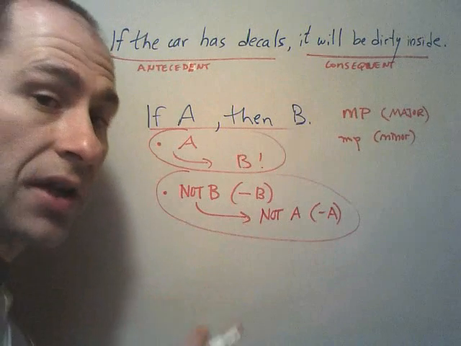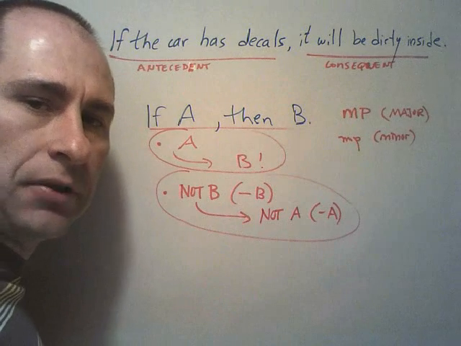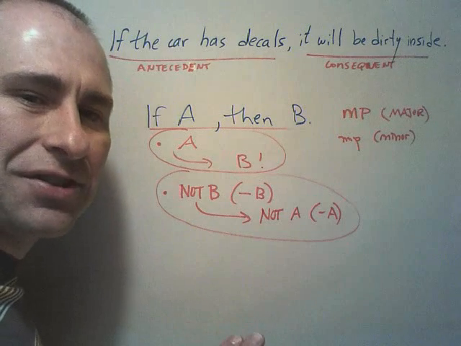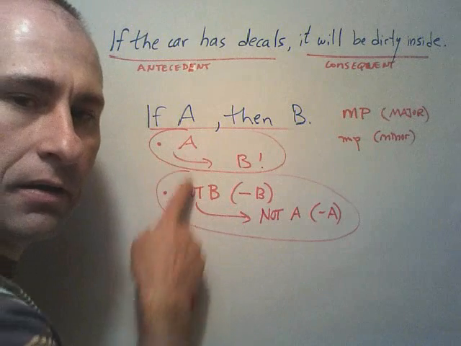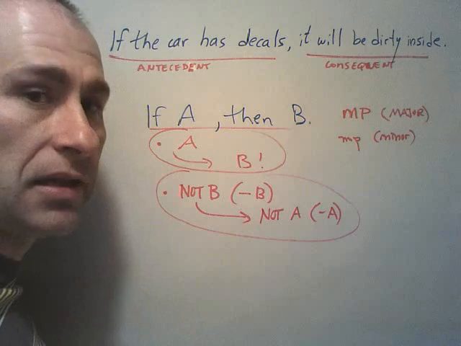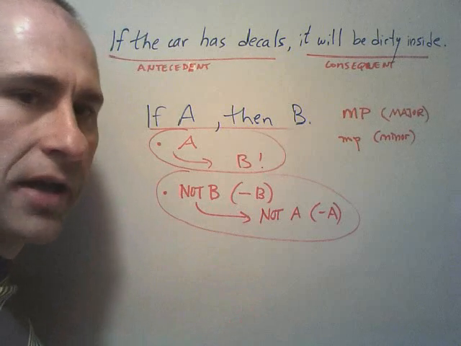So in other words, if I had told you, if the car has decals, it will be dirty inside, and then I came running along and said, hey, guess what, it doesn't have decals. That would be the minor premise, not A. And if you say, ah, so it must not be messy, that is a wrong conclusion. You can't draw that conclusion.